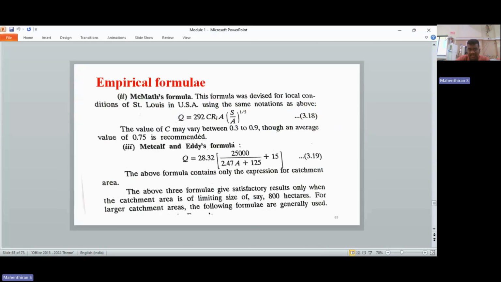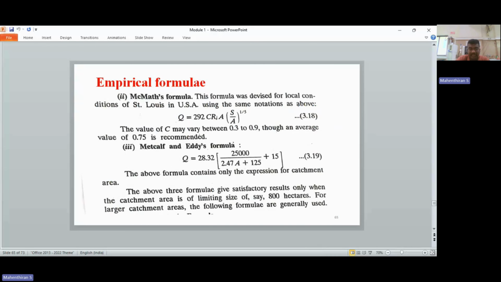We will select C equal to 0.7 to 0.8 for urban residential areas, clay soils, moderate slopes, and commercial development. We will select C equal to 0.9 for dense urban areas, fully paved surfaces, steep slopes, and industrial zones. If you have no specific data, use the recommended average of 0.75 for C.